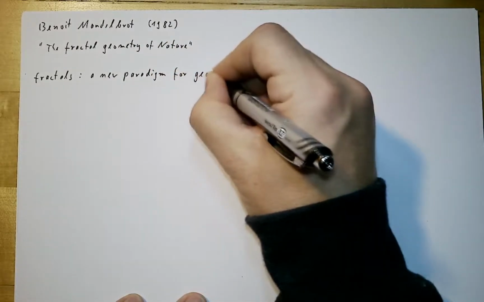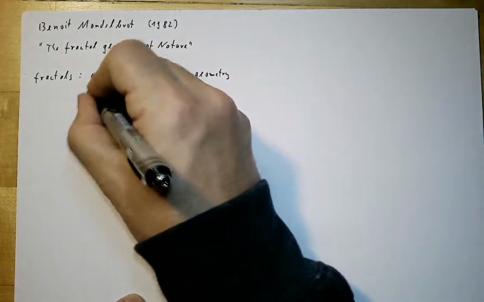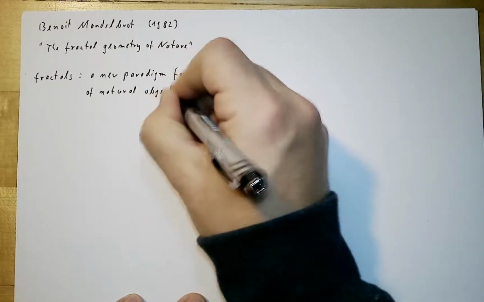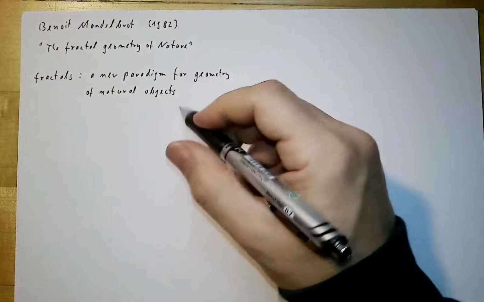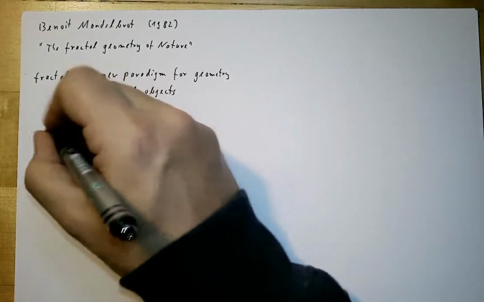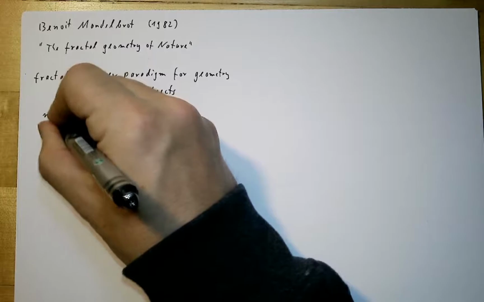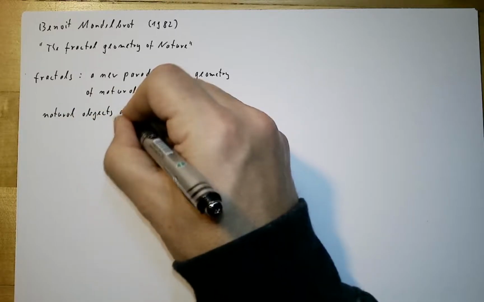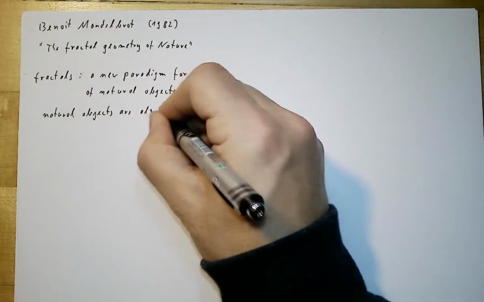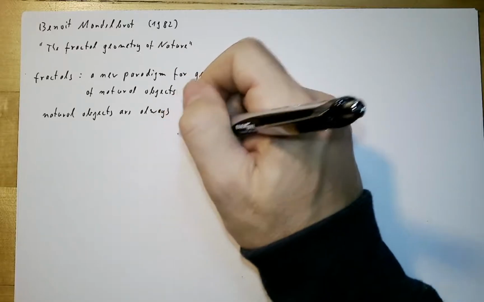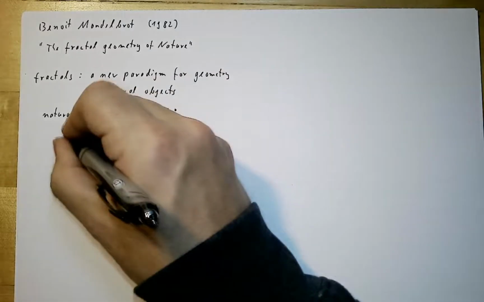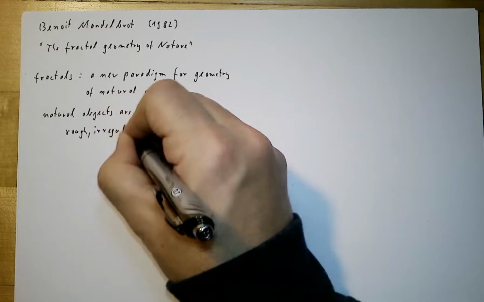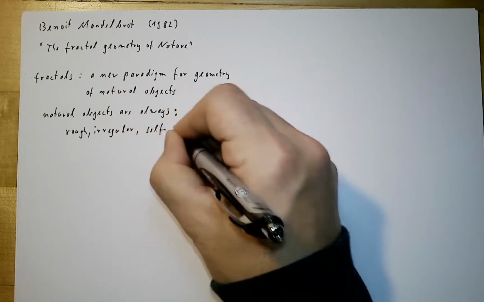for the geometry of natural objects, because natural objects are always rough, irregular, and self-similar.